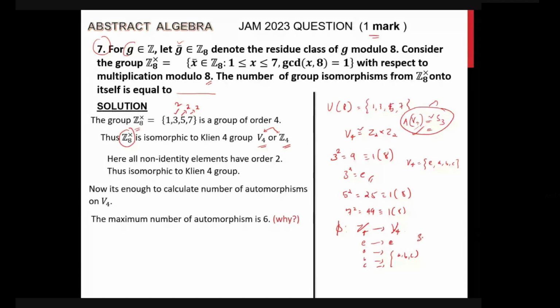The maximum possible is 3 factorial ways, that is 6. So there are only 6 maps from V4 to V4 that fix the identity element. So the maximum number of automorphisms must be 6.